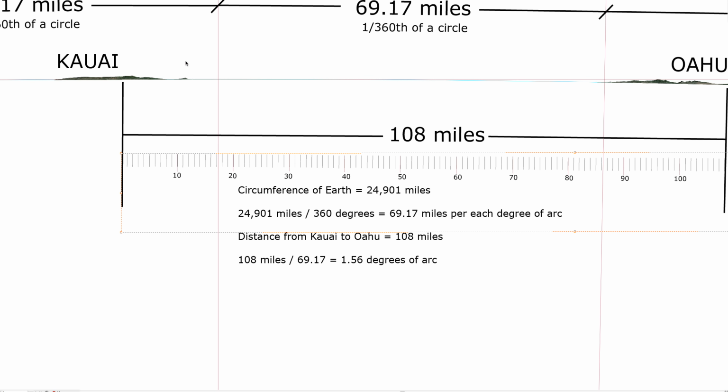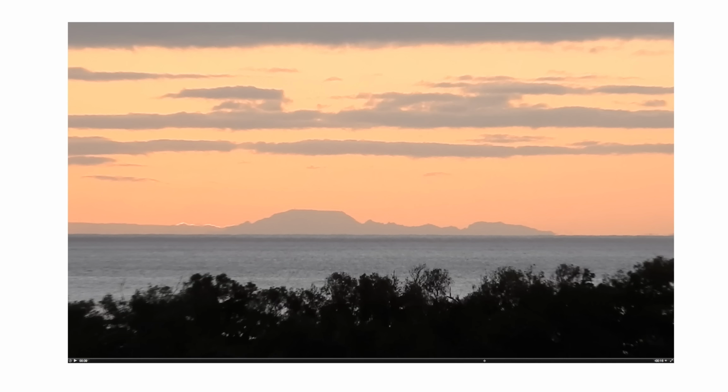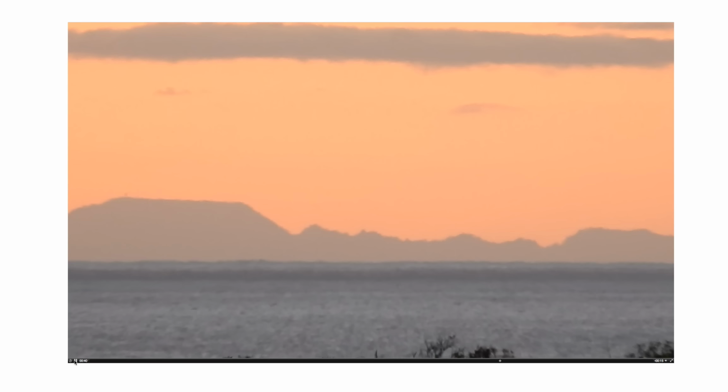You'd have to get way up in elevation before you'd be able to see that land, this island formation. So technically, you should not be able to see Oahu. Yet I just showed you pictures that you can see Oahu. You can see it. It's clear.